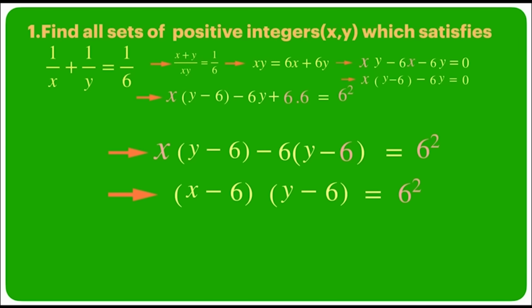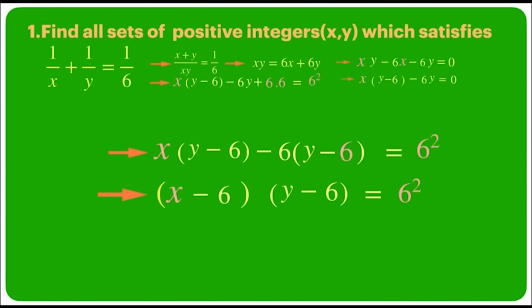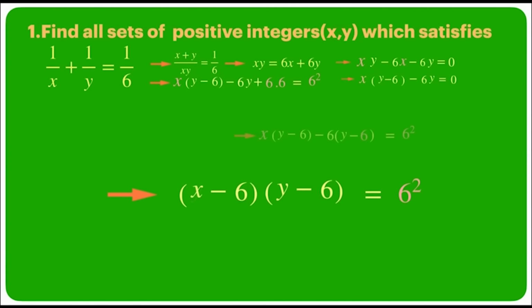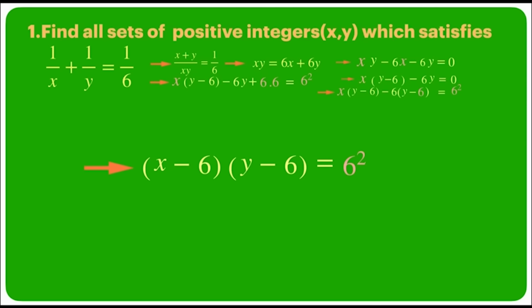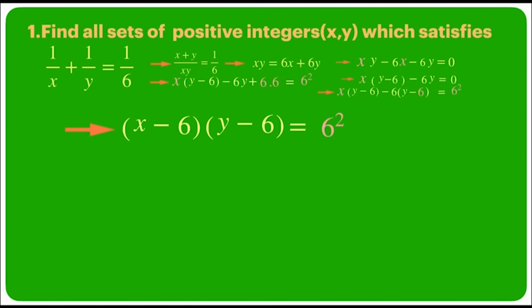So in this way we can easily get the values of x and y. So here we can see clearly that x minus 6 and y minus 6 give a complementary pair of factors of 6 square.